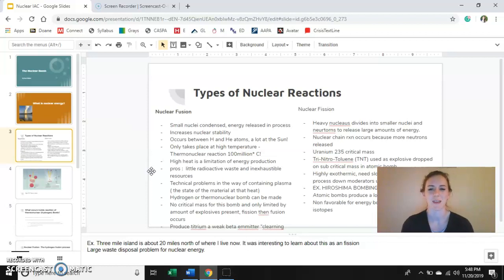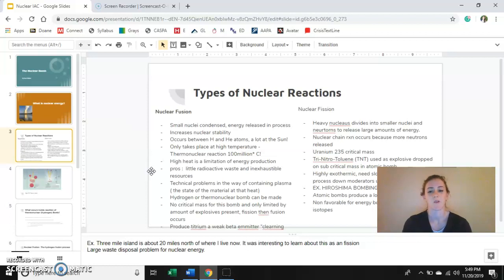Fusion occurs between hydrogen and helium atoms, and these hydrogen atoms are condensed into helium atoms. This takes place naturally at the surface of the sun because of the high temperatures needed, and because the temperatures required to produce these reactions are so high, science hasn't caught up to figure out a way to safely produce energy from these reactions.